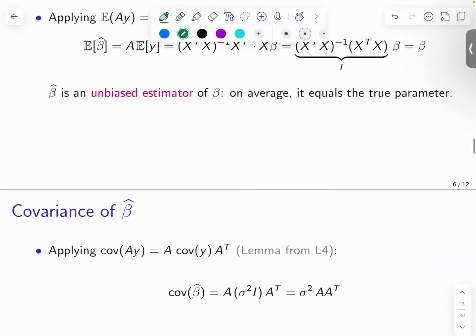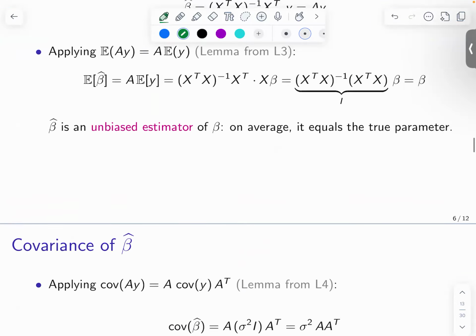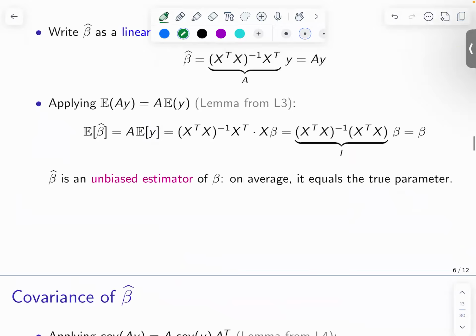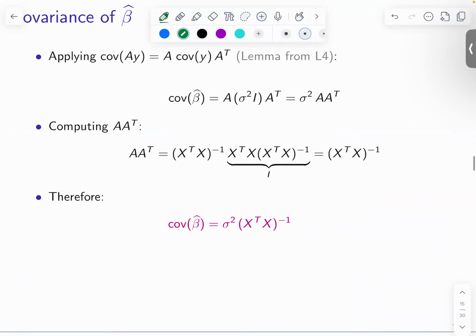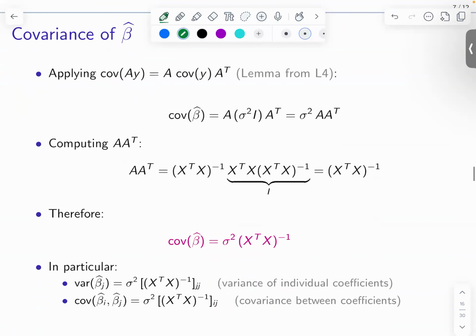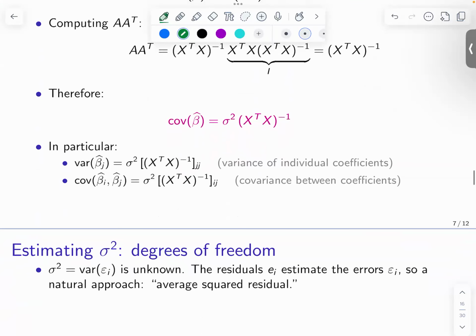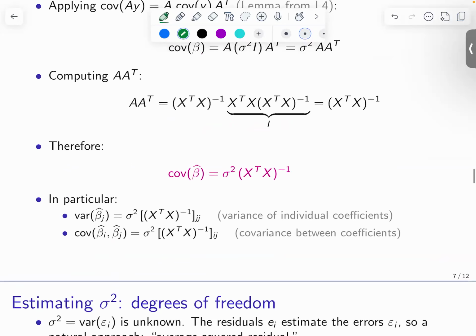Okay, so see what we have here. First, we proved that beta hat is an unbiased estimator of beta. On average, it equals the true parameter. And then we have the covariance matrix here. From this, you can also read the information about the variances and the covariances of the coordinates. So the variance of beta hat would be the diagonal element of this, and the pairwise covariances would be the off-diagonal elements.